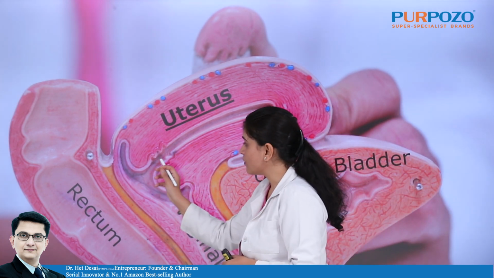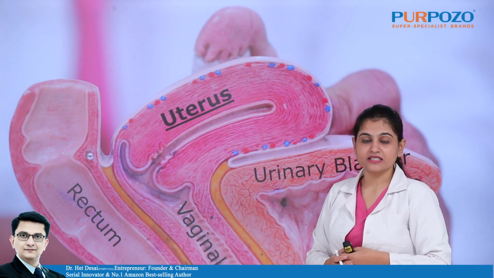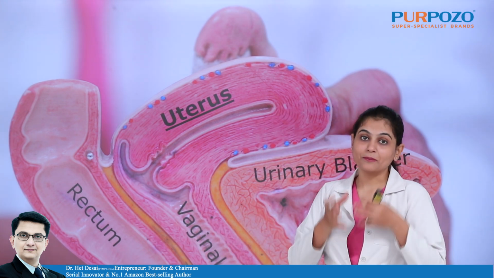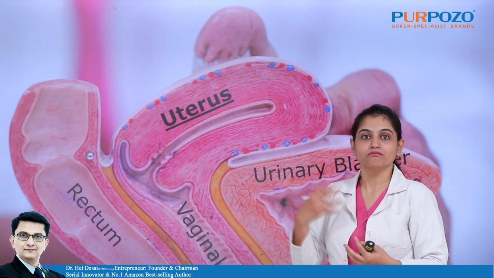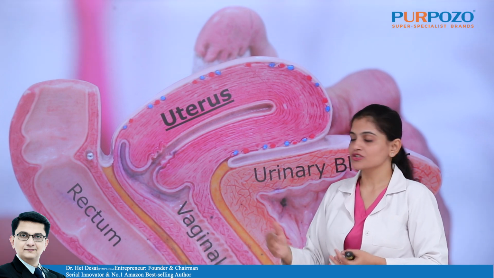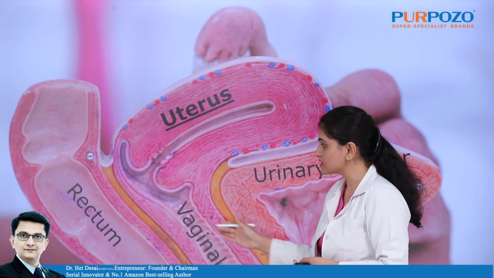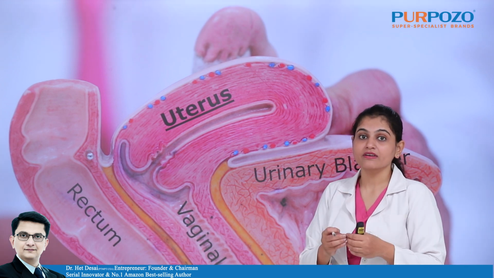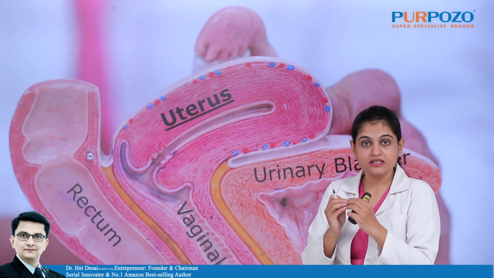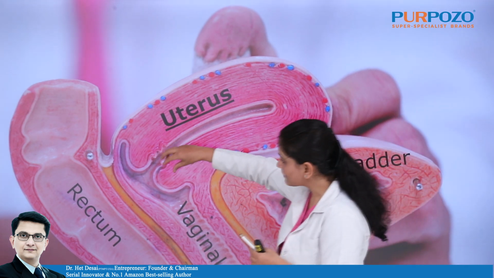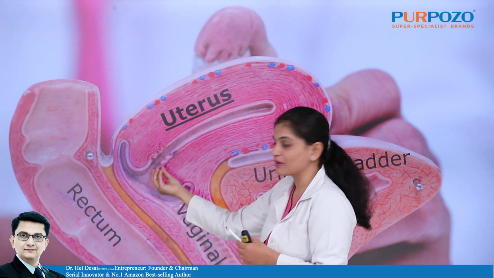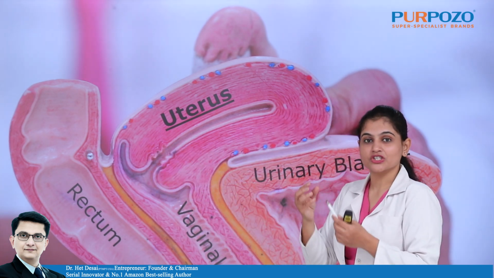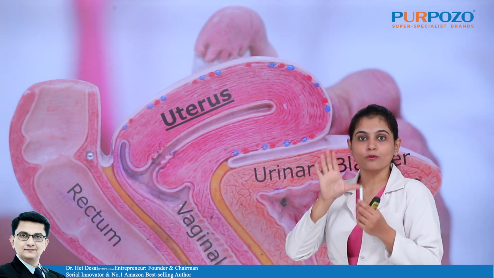The cervix also opens a bit during the periods so that the blood and the other tissues come out. Throughout the pregnancy, the cervix is closed and it develops a thick mucus plug. You can imagine the cork of a bottle.